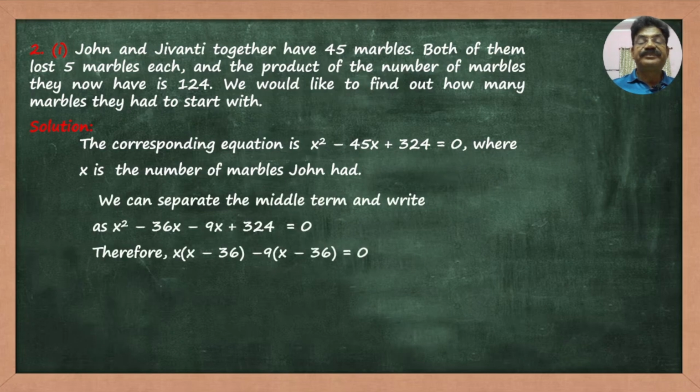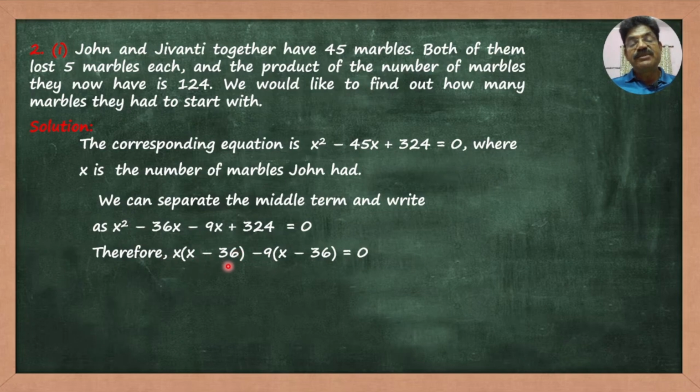So minus 36 minus 9. Minus 36 minus 9 is minus 45 and minus 36 into minus 9 is equal to 324. So if you factorize 324, you can guess these numbers. Now as usual, you take x common in the first two terms.